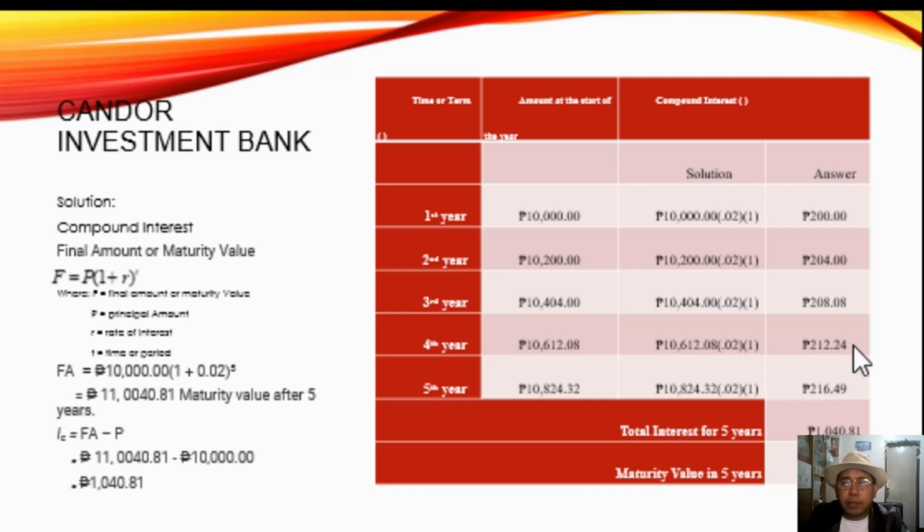So again, our investment is after 5 years. So your new principal again will be the sum of the principal in the fourth year plus its interest, which is 212.24. So it will give you now a new principal in the fifth year of computation, that is 10,824.32 pesos.